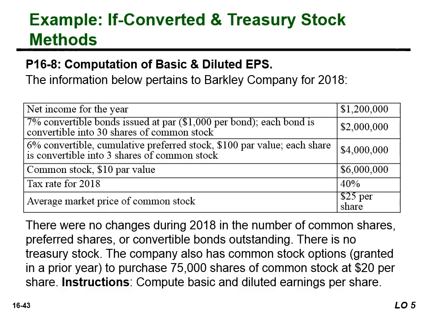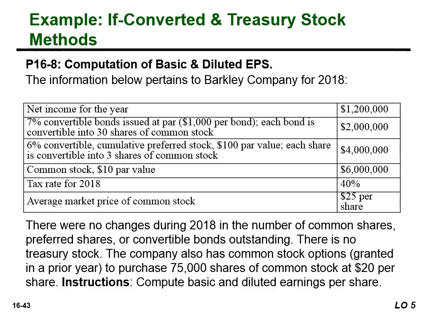And each bond is convertible into 30 shares of common stock. So you take your $2 million of bonds, divided by $1,000 a bond, and you say, oh, I have 2,000 bonds waiting around. 2,000 bonds can be converted into 30 shares. That's how you find your denominator.